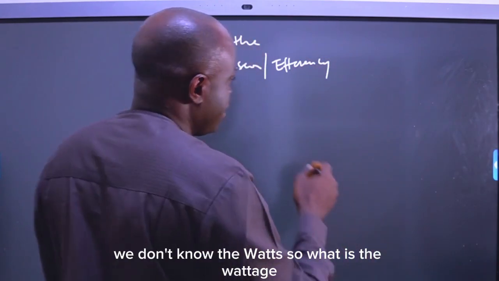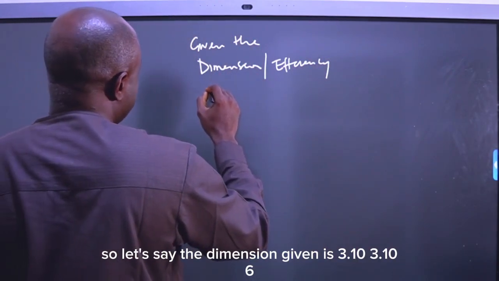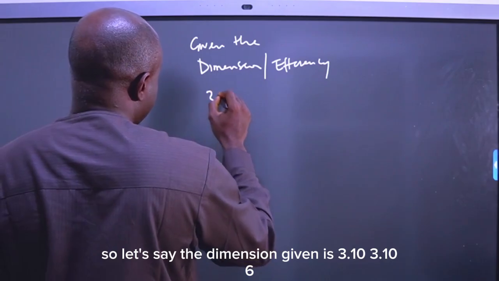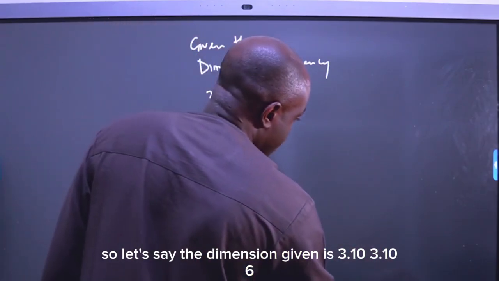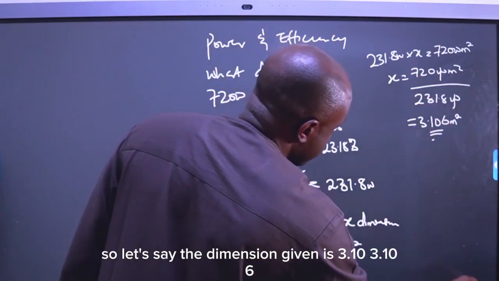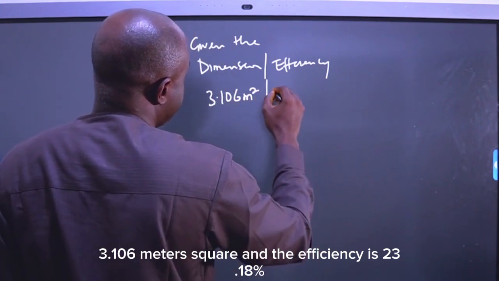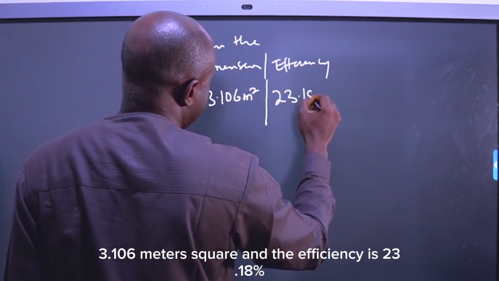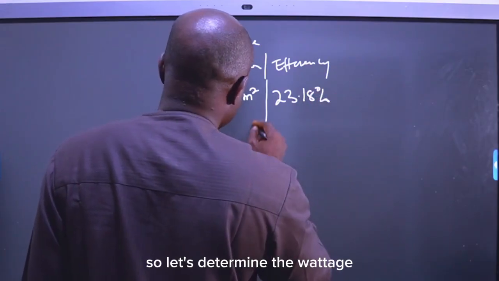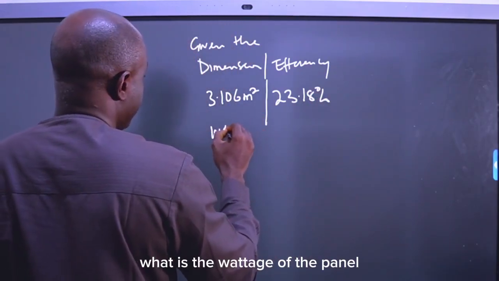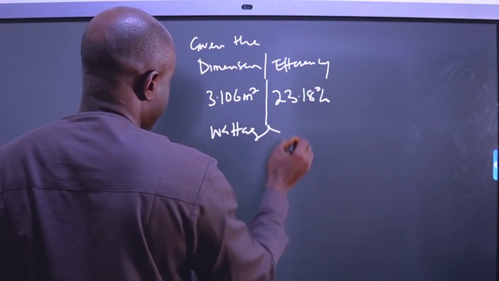We don't know the watts. So let's say the dimension given is 3.106 meter square and the efficiency is 23.18%. What is the wattage of the panel?